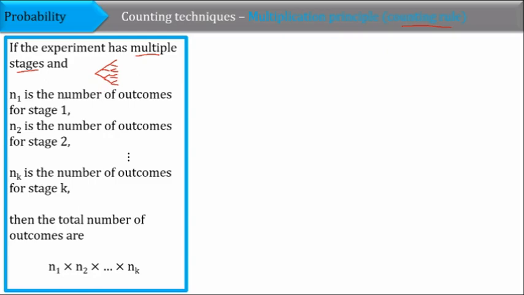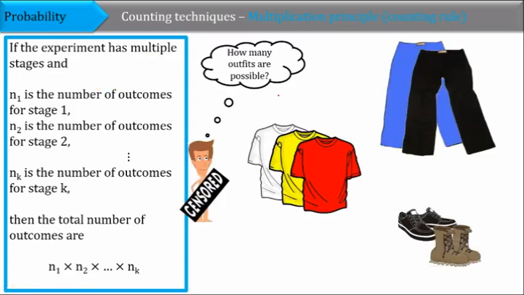So in other words, if we have a type of experiment that can be illustrated by a tree diagram, and N1 is the number of outcomes for the first stage, N2 the number of outcomes for the second stage, and so forth until we get to the last stage, which is stage K, of which the number of outcomes will be NK, then the total number of outcomes for the entire experiment will simply be the product of all of those N's. Now to make a bit more sense of it, let's jump into an example.